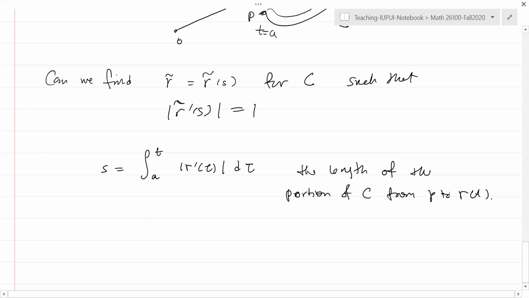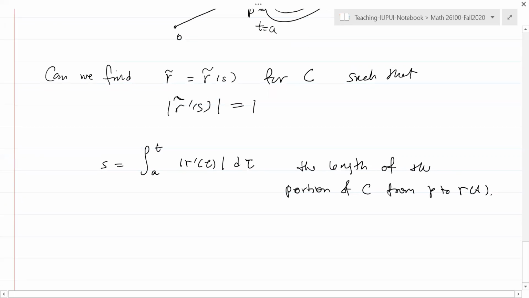Now, s is a function of t, because when t changes, s changes. Sometimes you can write s of t; it depends on time t.